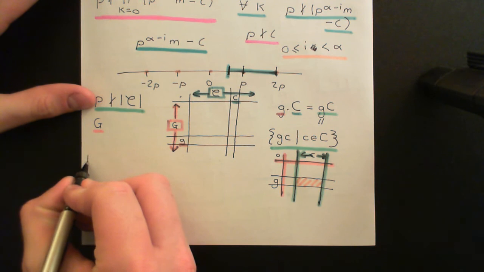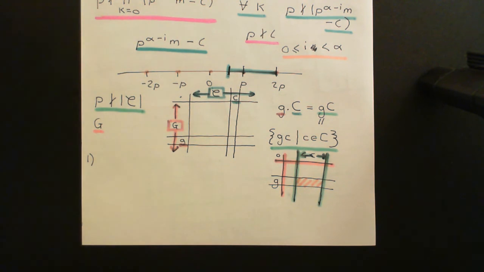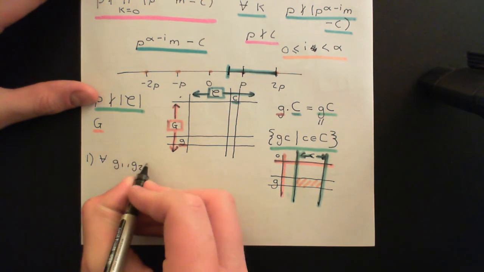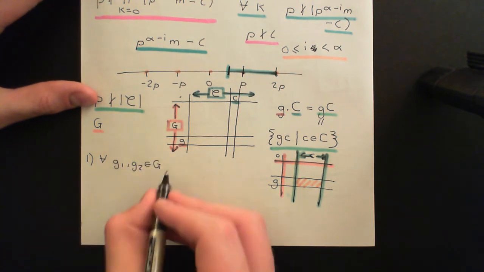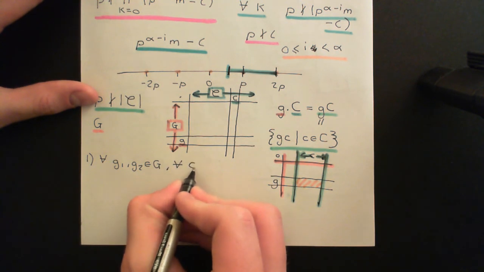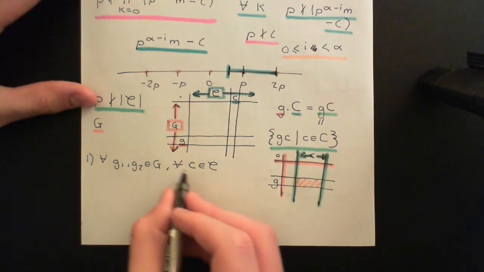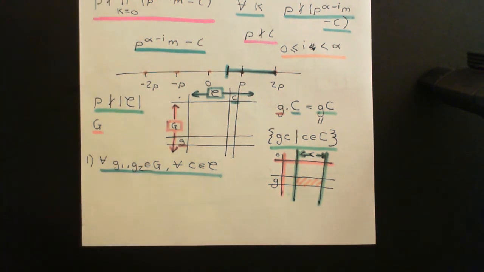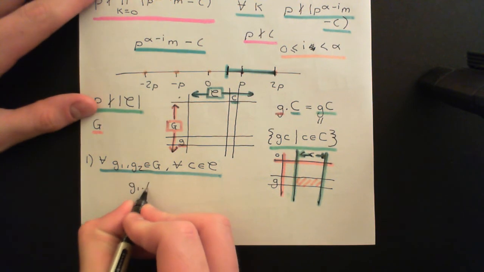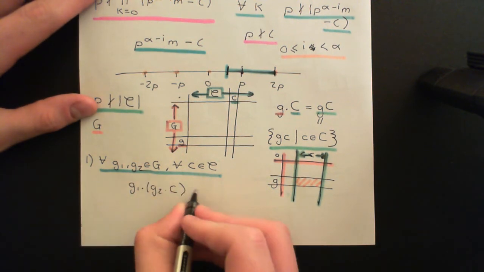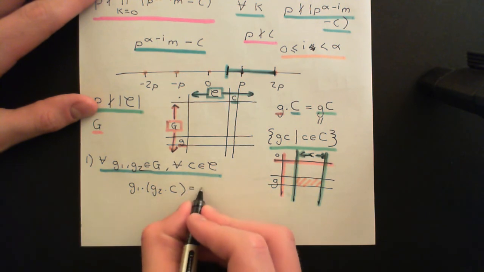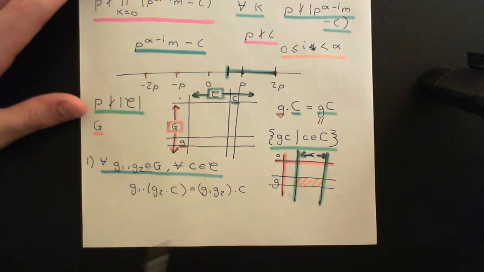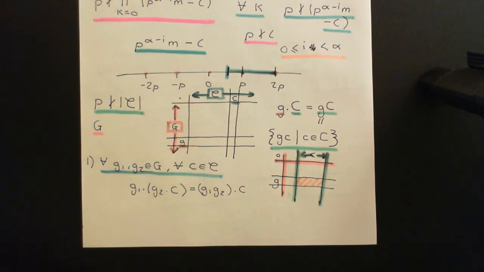Okay, so let's firstly do axiom number 1 here. Axiom number 1 of a group action says that for all little g1 and little g2 that you can pick from the group, so pick any two elements of the group, and for all subsets you can pick from our set curly C, it must be the case that g1 acting on g2 acting on C, so g1.(g2.c), must be the same as g1 composed with g2, acting on C. So the group action composition law must be consistent with the group composition law.